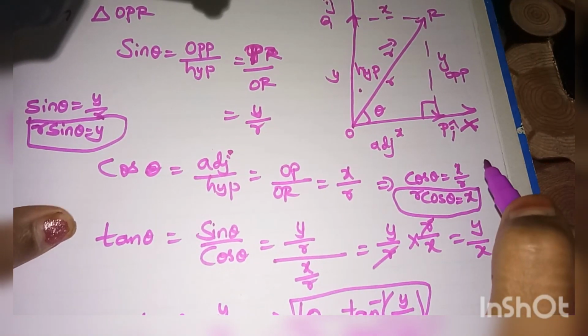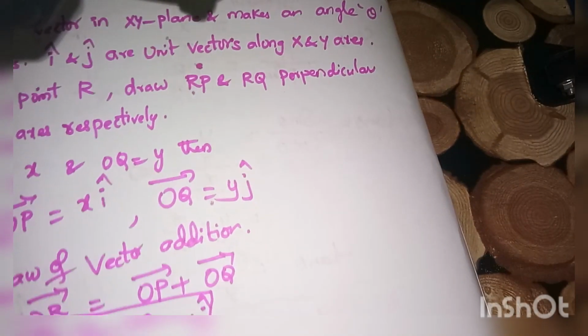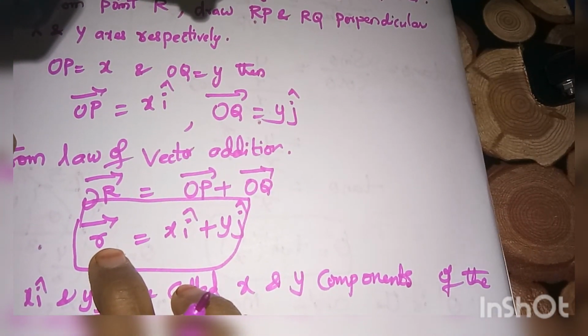Suppose they ask you to write the position vector R bar in terms of the angle. We have R bar as x i cap plus y j cap.